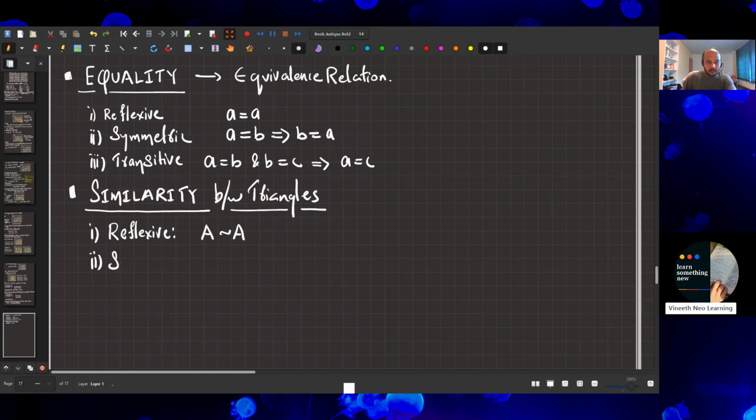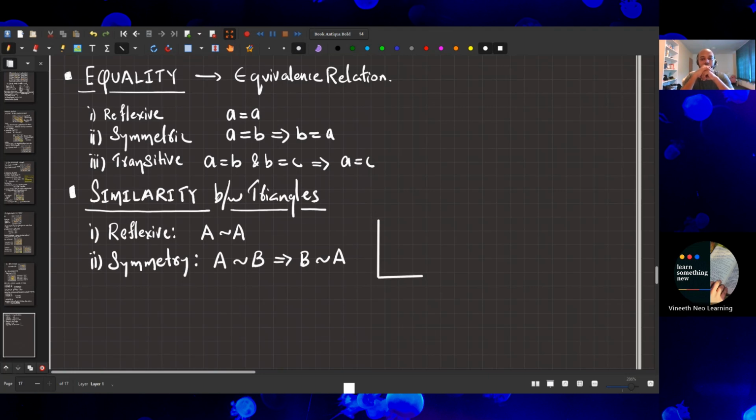Secondly, let's look at symmetry. If A is similar to B, then B should be similar to A. For instance, let's look at two triangles like this, and let's say both have the same angles.